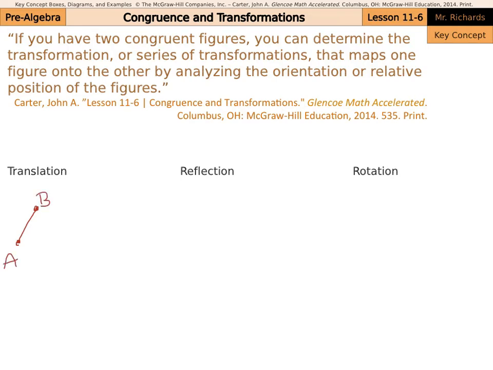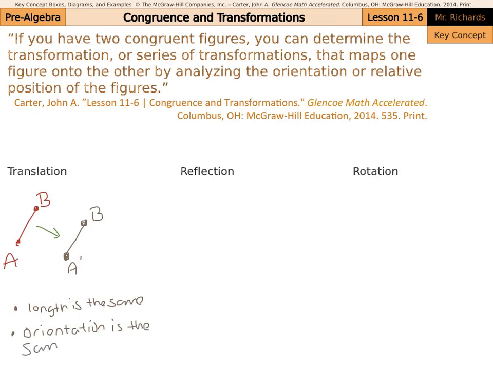If we were to translate or slide figure AB into a different position, we should notice that, one, the length is the same, and second, the orientation is the same. The segments are still facing the same way for A and B, as well as A prime, B prime.